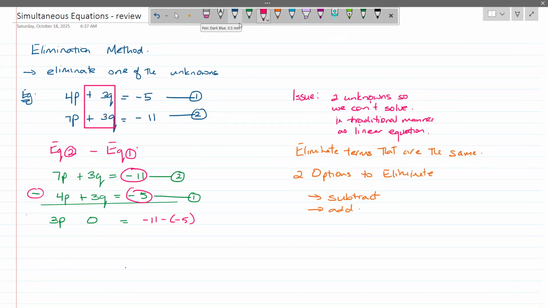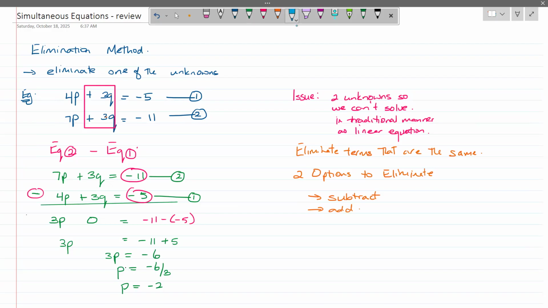We will get 3p, minus 11 plus 5. A minus by minus will give me a plus. And that will give me minus 6. So p is equal to minus 6 over 3. We made this linear now by eliminating the q. We have one unknown here.